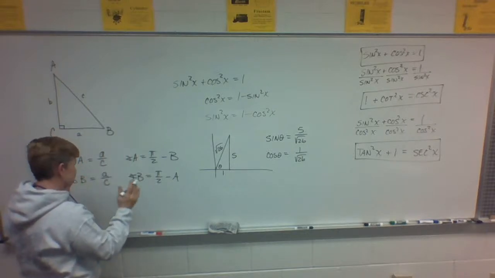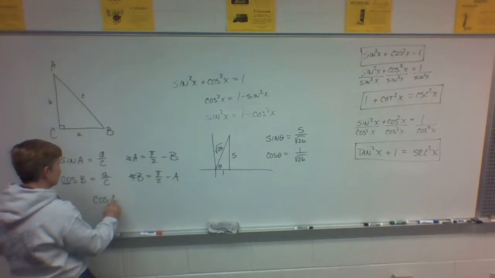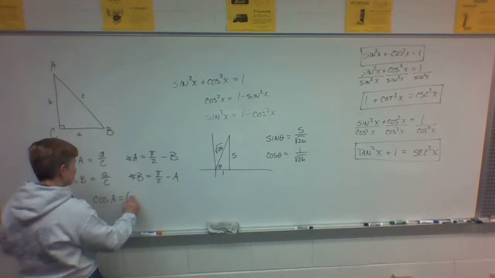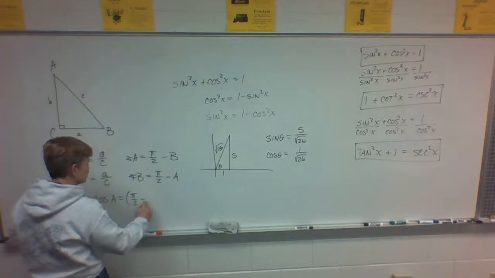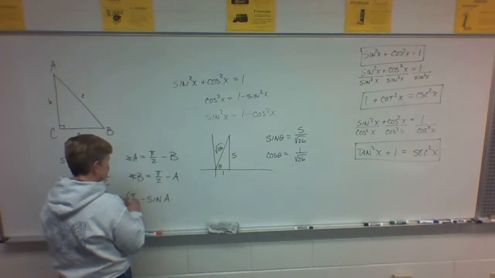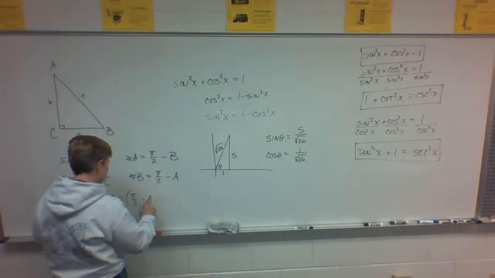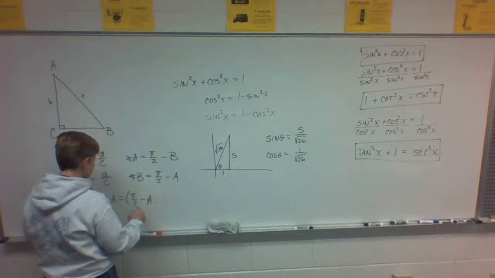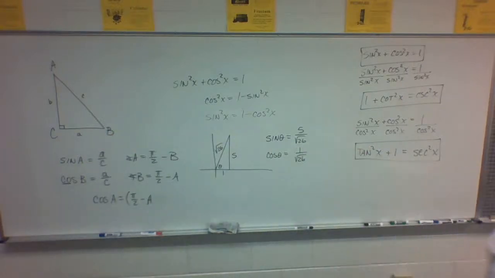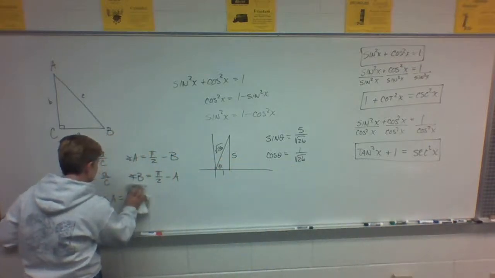Which means that, now see if you can make this leap, the cosine of A is equal to the sine of pi halves minus A.